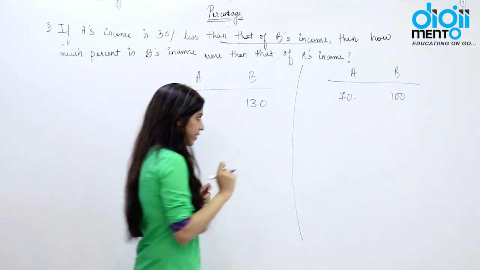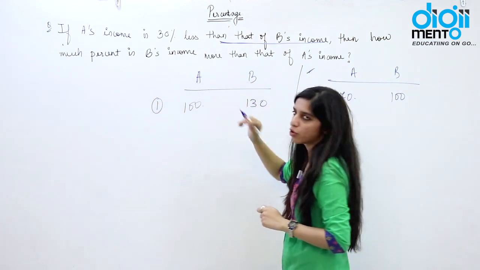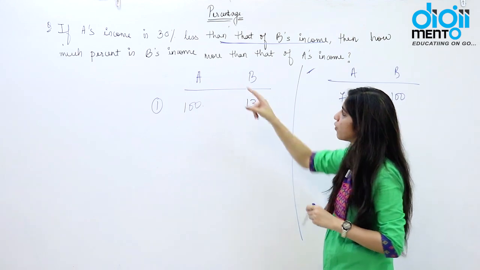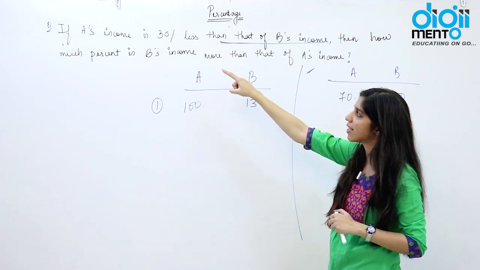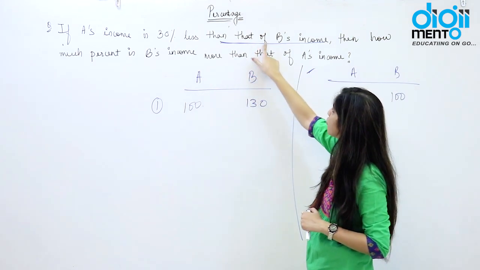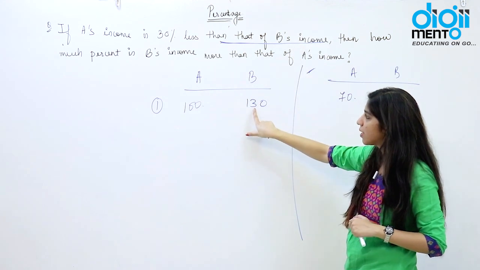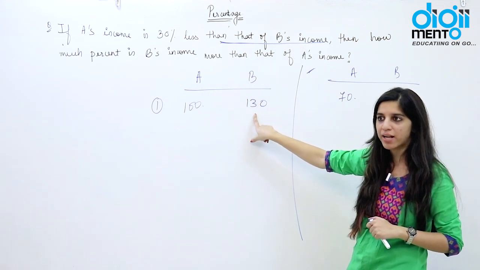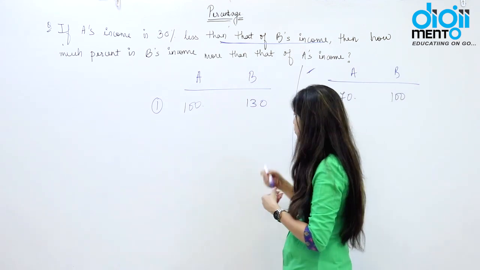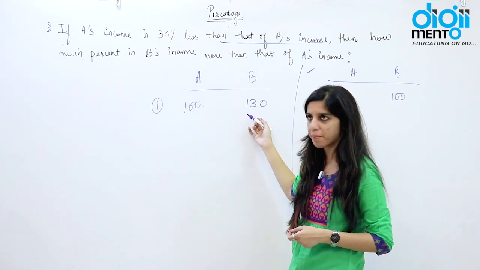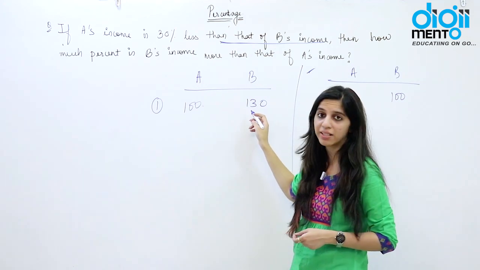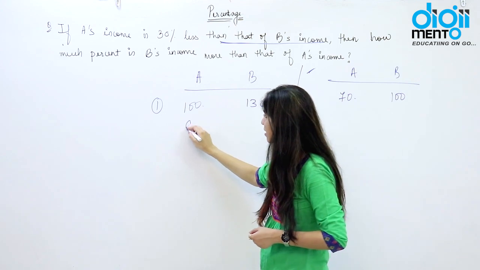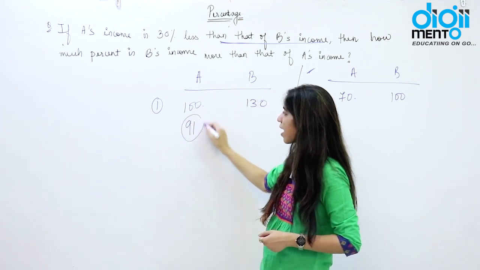There is only one right case here, which is this one. This is going to be wrong. Why? Because if you read the first line carefully, they say that A's income is 30% less than that of B's income. 30% of this you have to find and you subtract. If you do that, 30% of this number is going to be 39. If you subtract that, the income of A is going to be 91.